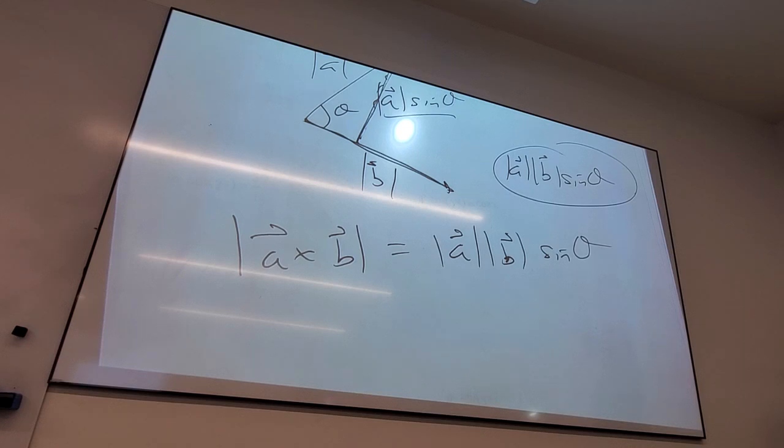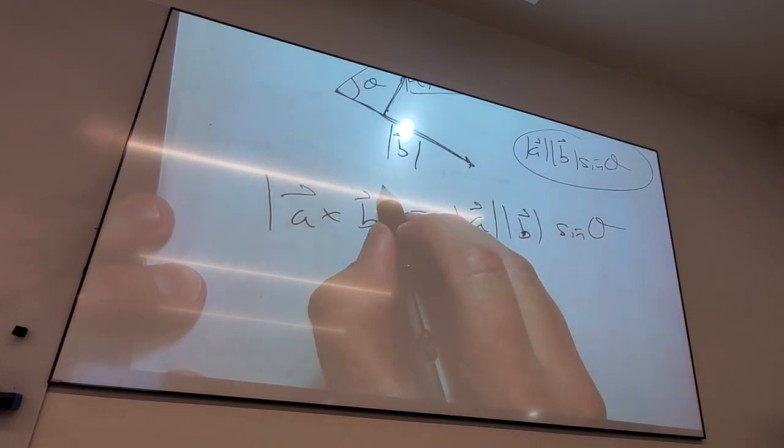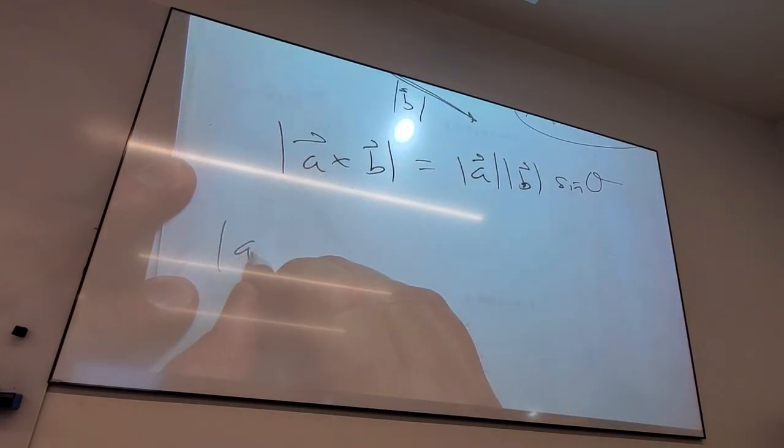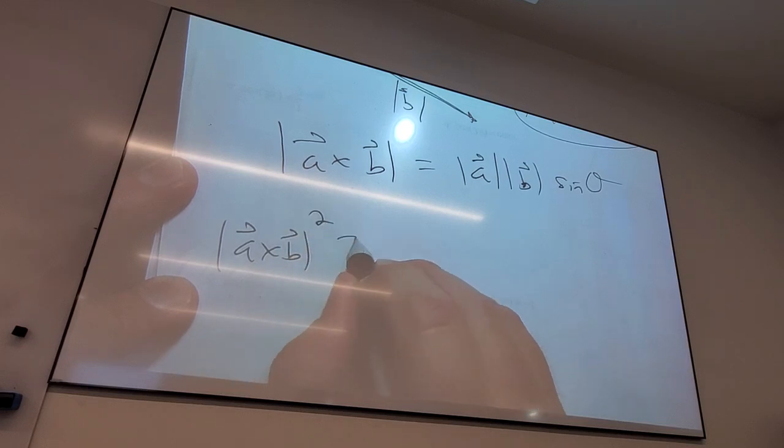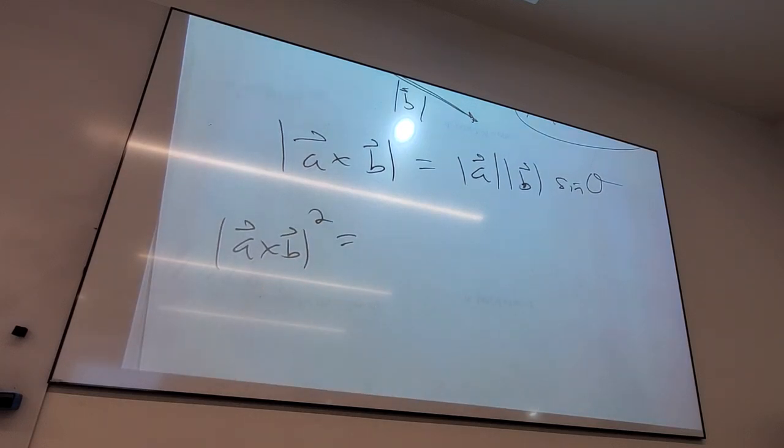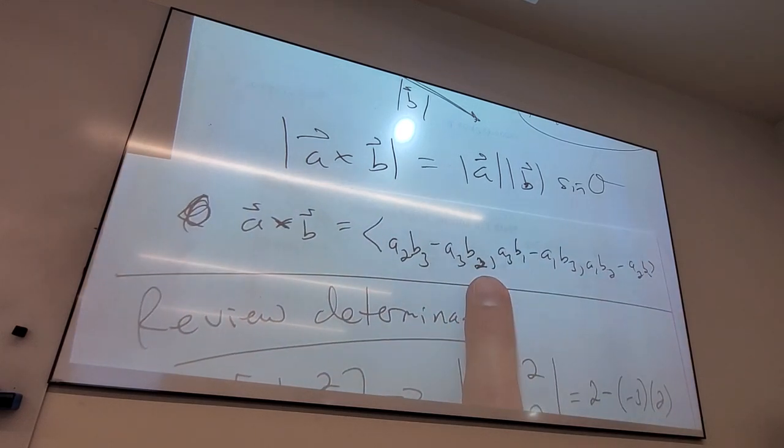As long as you guys are cool, if I ever don't do enough algebra for you, you can do the steps I skipped. So I'm going to start the problem, skip a few steps, and show you how you eventually get here. I'm going to look at this. And remember, the cross product straight up definition is this, yes?